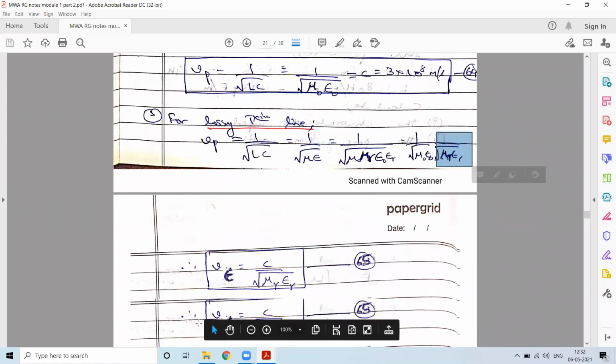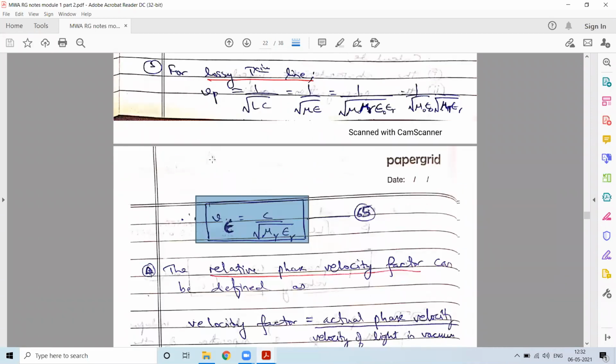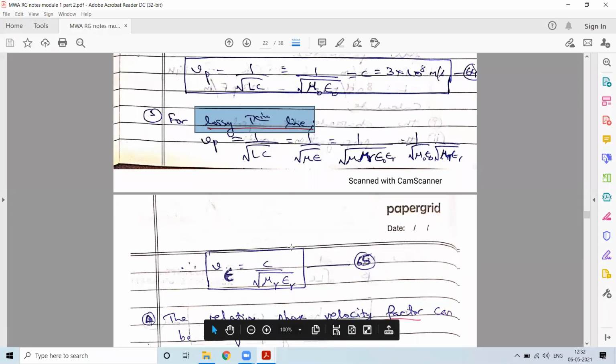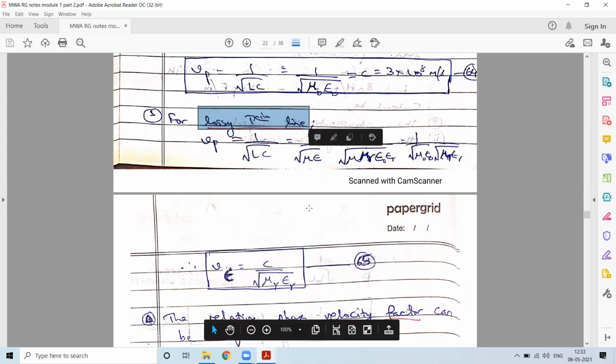So the phase velocity in the lossy transmission line, where the line is having losses, will be given by c divided by square root of mu r into epsilon r.